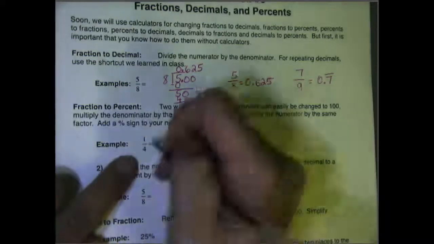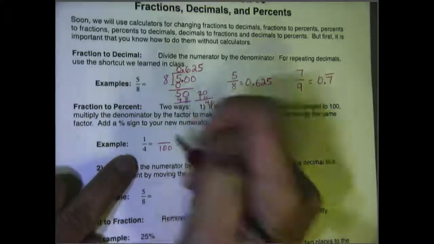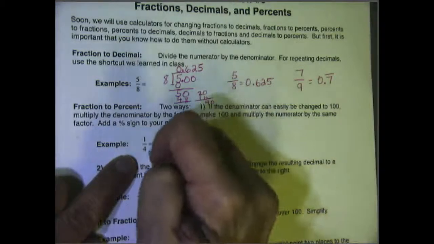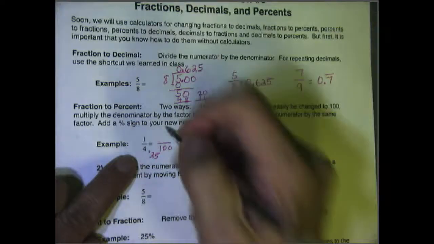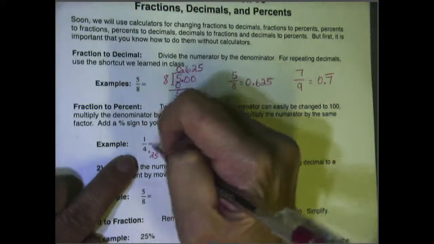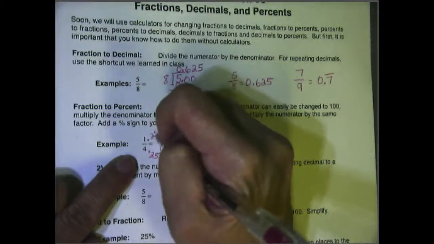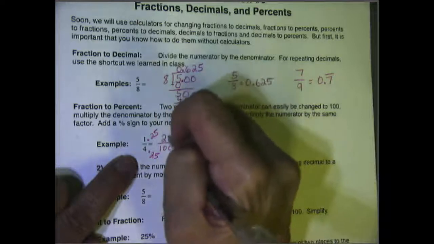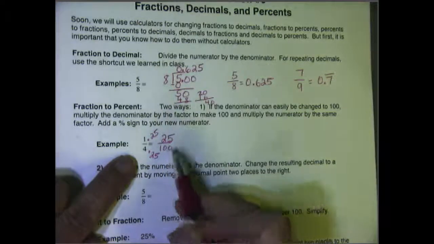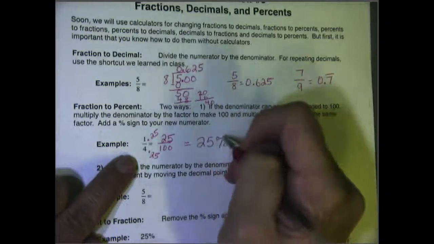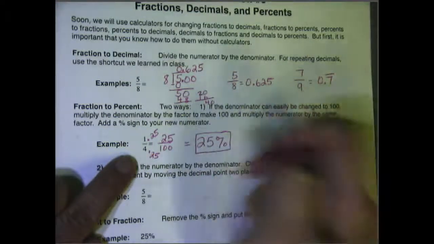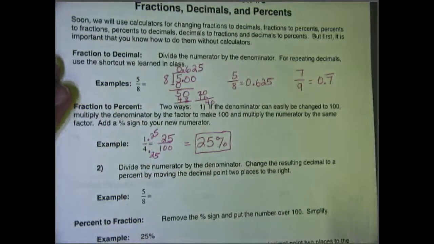Well, 1/4 can be changed to 100 because I can multiply 4 times 25. 4 times 25 equals 100. Once I multiply by 25, I need to multiply my numerator by 25 as well. So 25 over 100, so 25%. So 1/4 would be 25%.